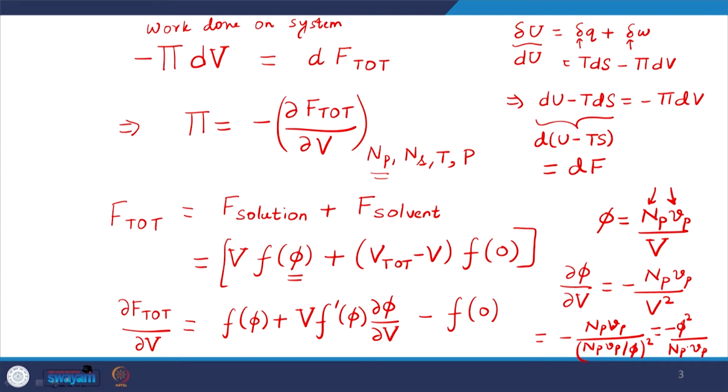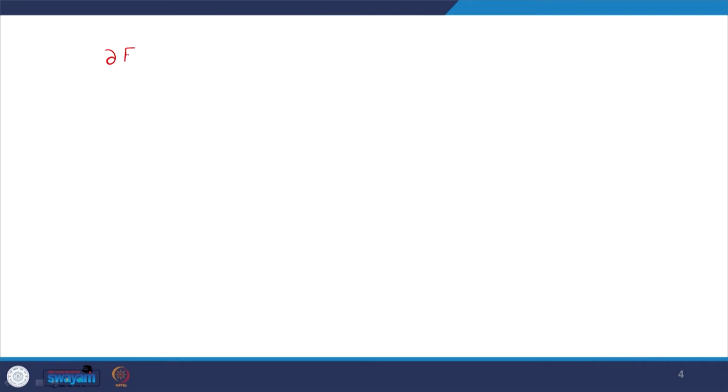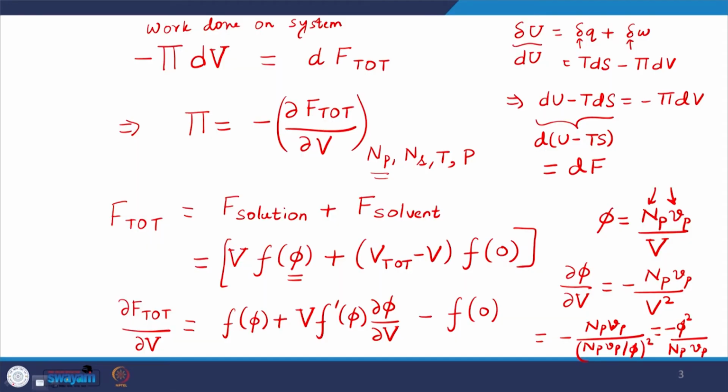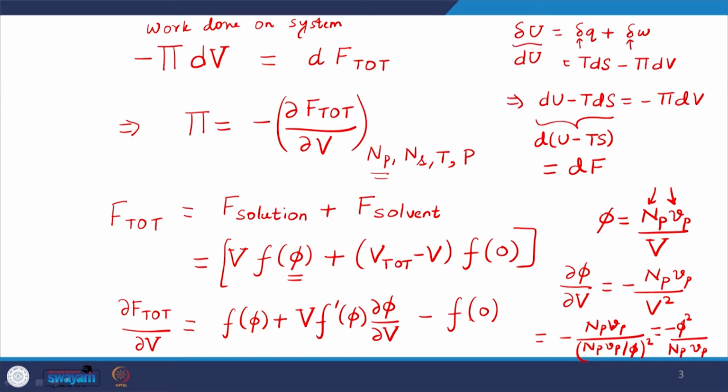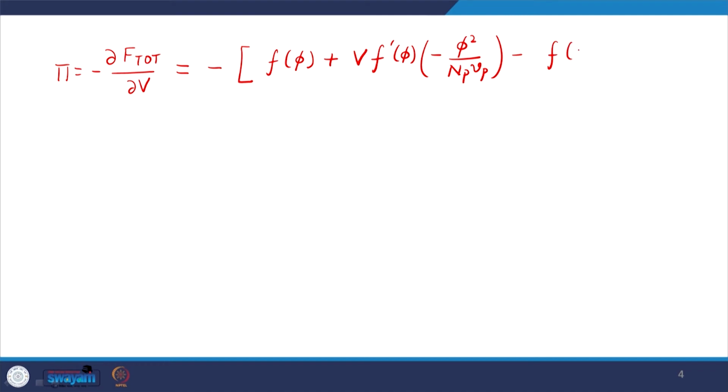So, if I put that thing in here, what we then have is my pi as minus f minus ∂f/∂v, that is minus of this quantity that I had, and then finally we had minus f of 0.